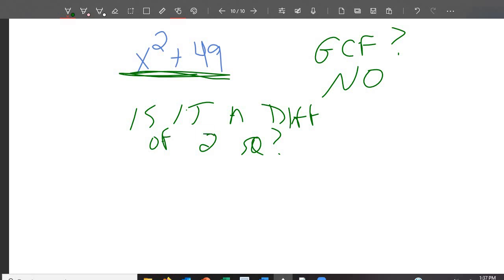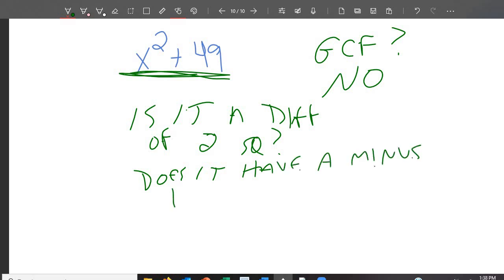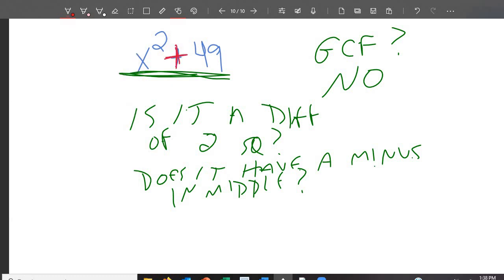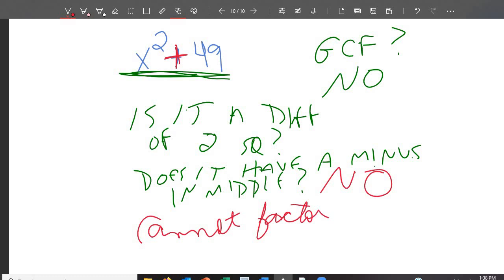Well, does it have a minus sign in the middle? And of course the answer is no. So we cannot factor it. And if we can't factor it, we say the answer is prime.